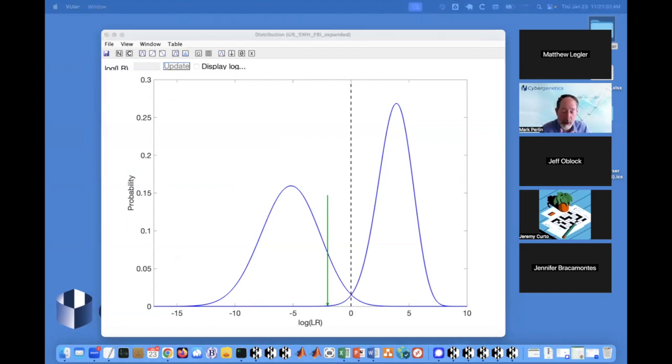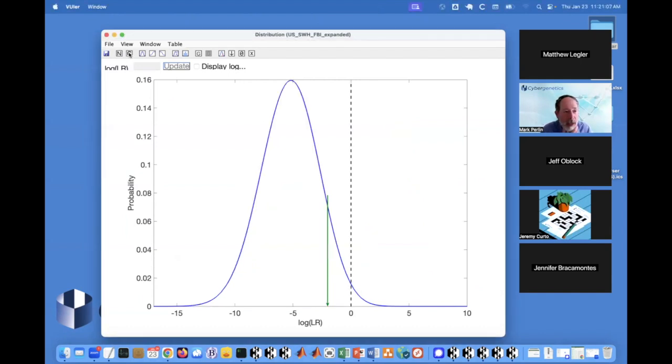So if you just keep the non-contributor distribution on, as Matt said, this is the distribution of people who didn't contribute their DNA, and the match statistic is being, if you had a threshold, which is standard in forensics of 0 log LR, is that he's being classified as not being a contributor because he's falling to the left of 0. The distribution of non-contributors is showing where he's falling in that.